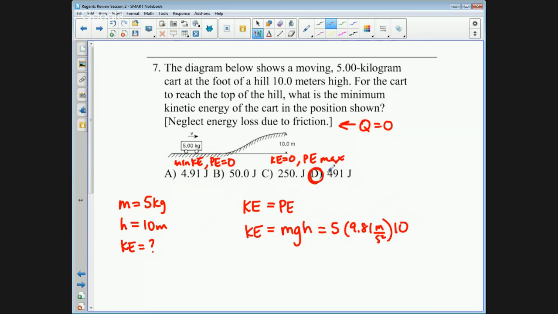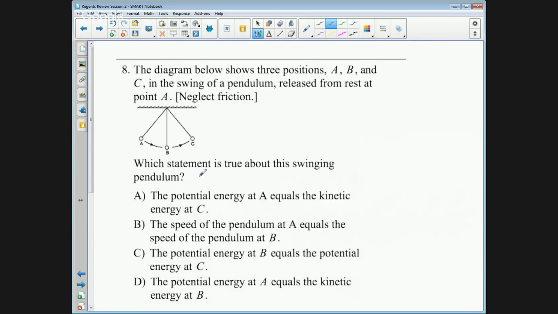But this is 491 joules. So that's the minimum amount of kinetic energy needed to get this cart to the top of the hill.